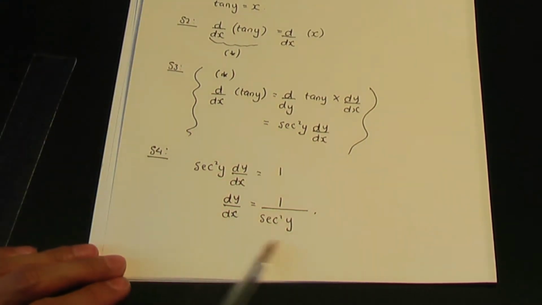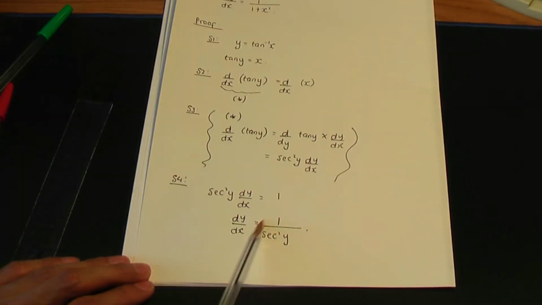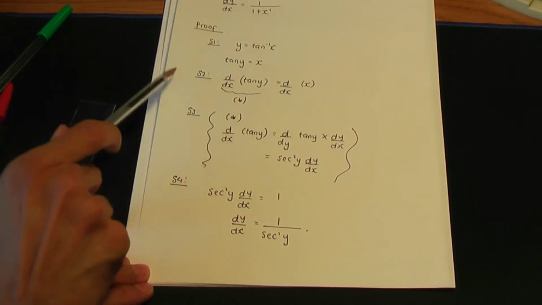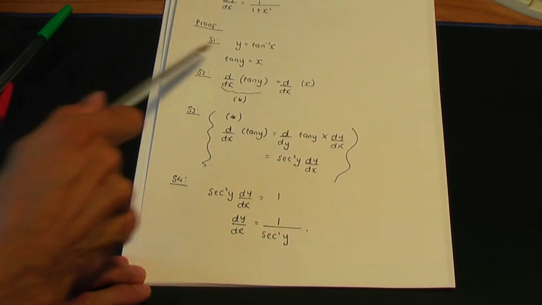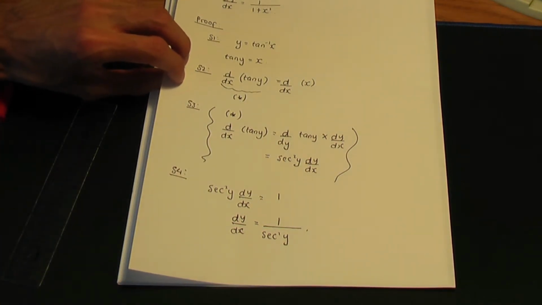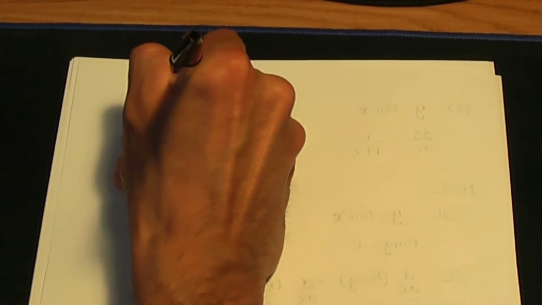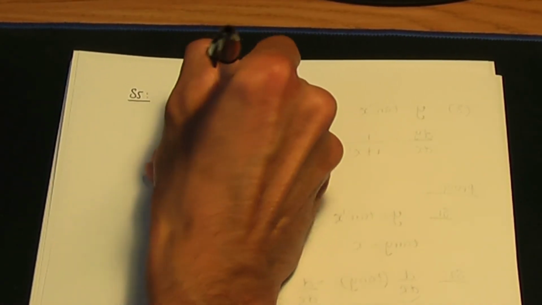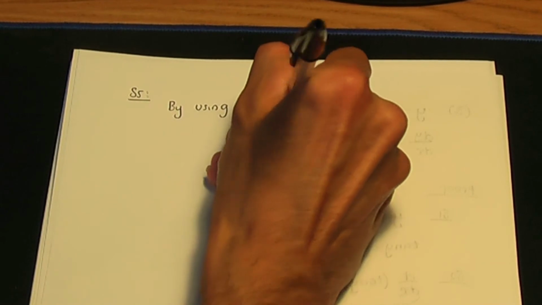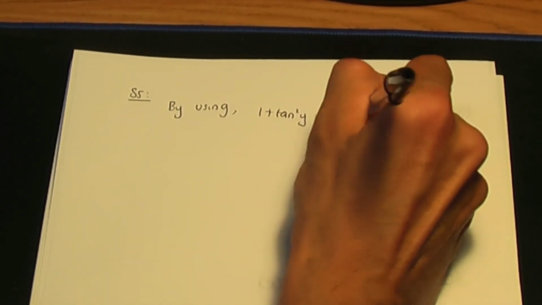So once again, we need to write our answer in terms of x. So if I can write this term here in terms of tan, I can replace all of the tan y terms by x's. So once again, we need to use a trigonometric identity to help us. So over to the reverse side, here is step number 5. So the identity for us is, we're going to be using 1 plus tan squared y is equal to sec squared y.